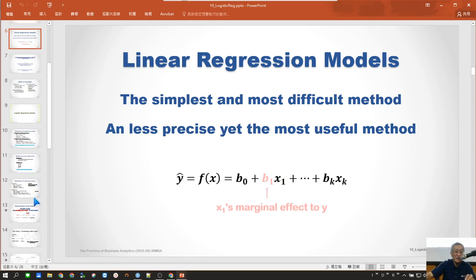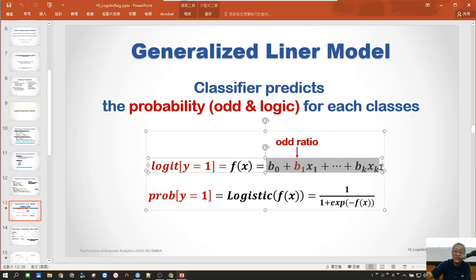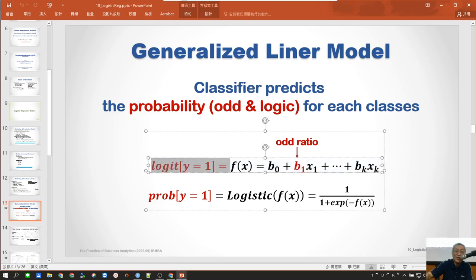But in logistic regression, it's a little bit complicated, okay? Because this linear combination does not apply to the probability of y equal to 1 directly, right? It actually applies to the logit of y equal to 1, okay?